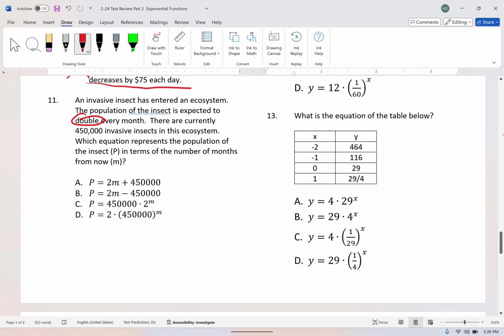So this is kind of the starting amount. Remember when we write our equation in exponential function, it's y equals a times b to the x. A is the starting amount and B is the multiplier. The starting amount is 450,000 and the multiplier, since it doubles, is 2. C is the correct answer.